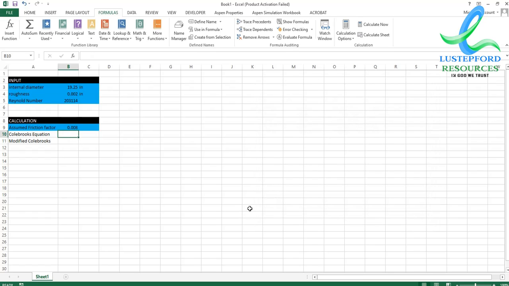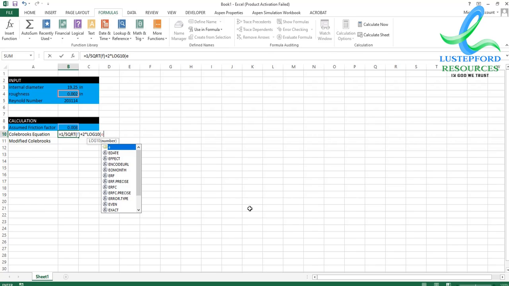So I'll come here and say equal to 1 all over the square root of F, bracket close, plus 2 times log base 10, bracket open E. See, as I said, E is the pipe roughness that has been highlighted.